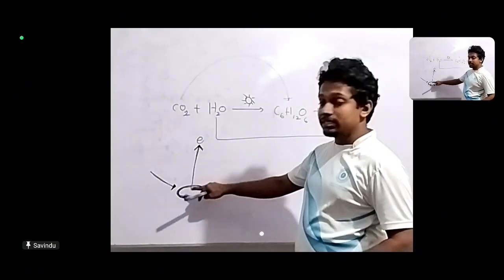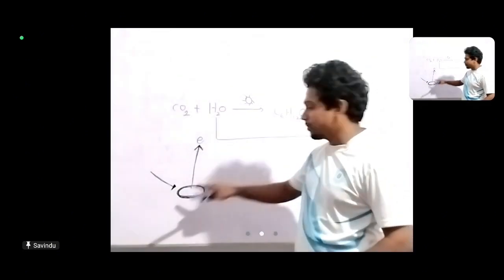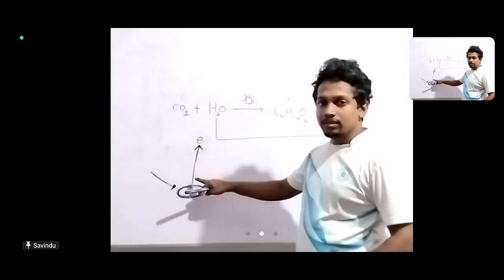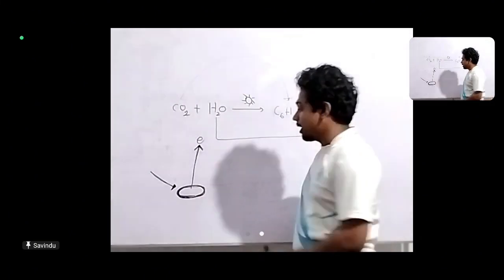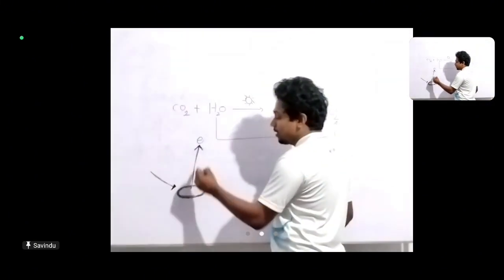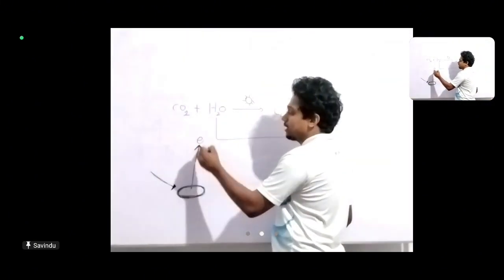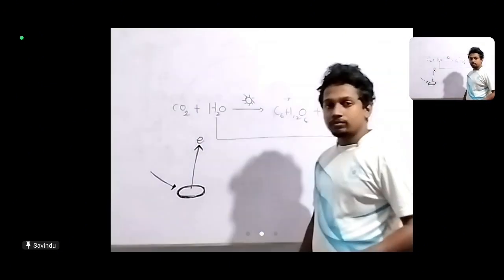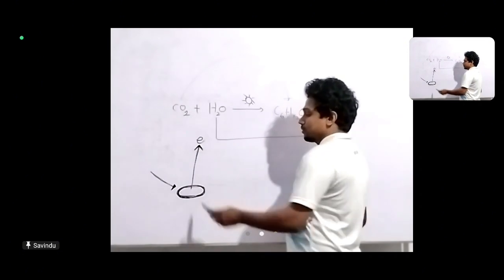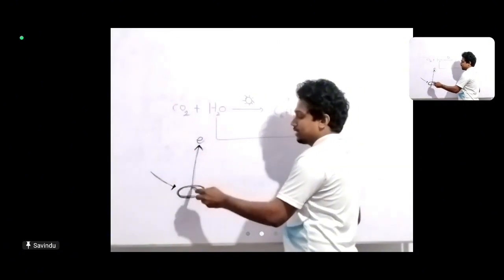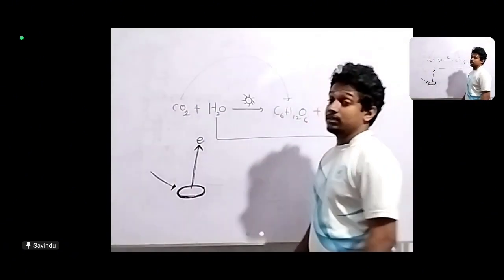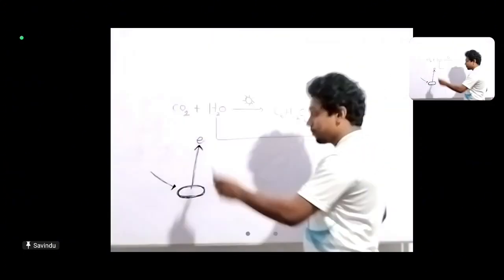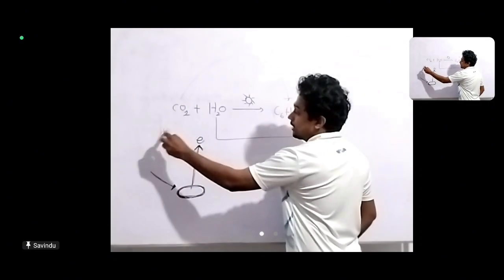Because light energy comes, they are excited, and the electrons in their outer energy level are excited and go directly to an upper, higher energy level.